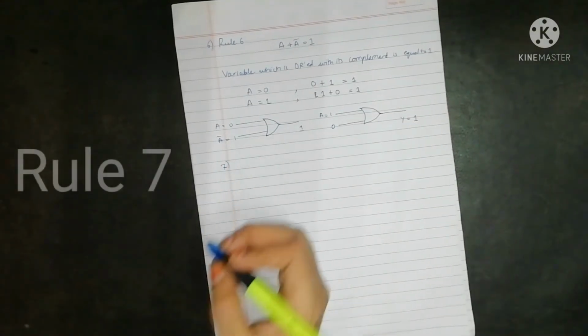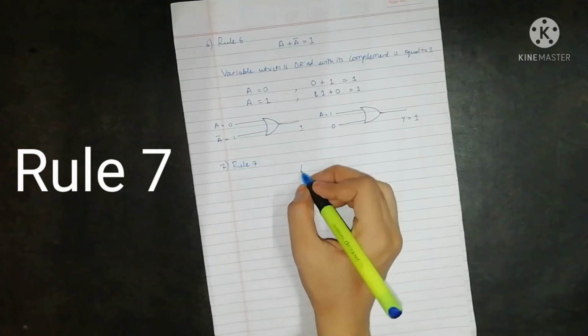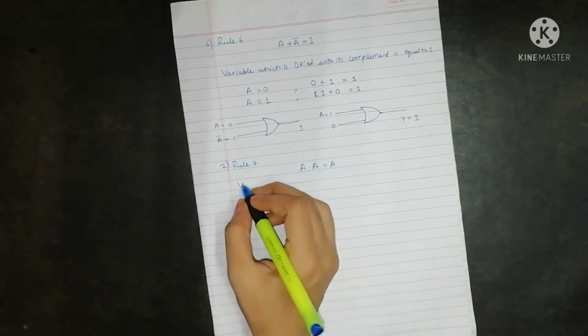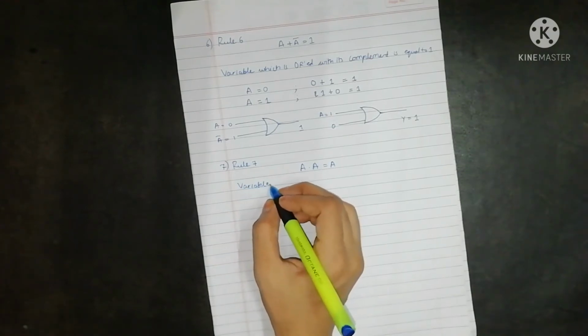Now we will see rule number 7, which says A into A is equal to A. That is, a variable ANDed with itself is always equal to that variable.